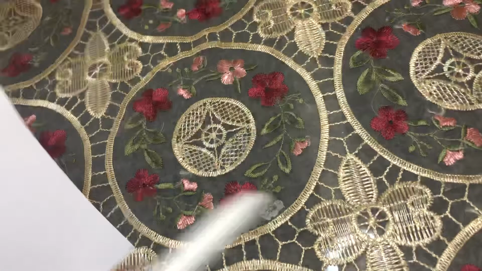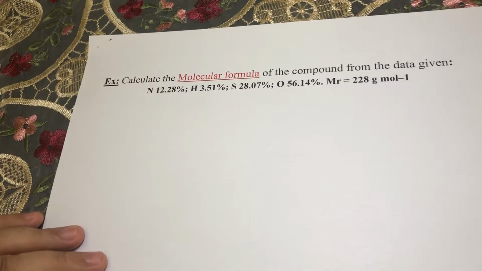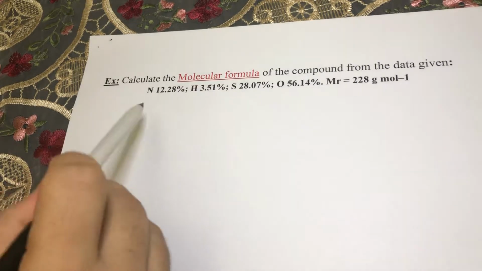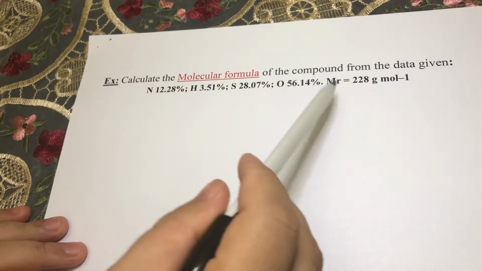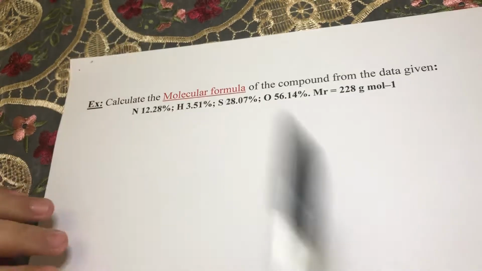Let's take an example. Calculate the molecular formula of the compound from these data. We have the percent of nitrogen, hydrogen, sulfur, and oxygen, and he said the molecular weight is equal to 128. Let's follow these steps.